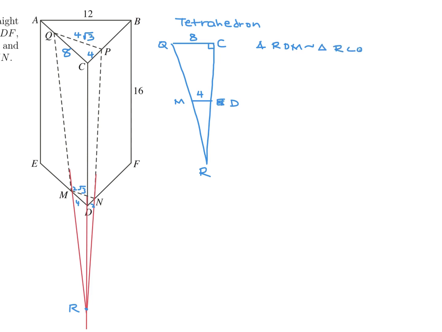And that's helpful because that allows us to conclude that CD would be equal to 16. And therefore CR, well, that is going to be 32. So D to R is going to be 16. So that's a little bit of information I needed before I can proceed with the volume.